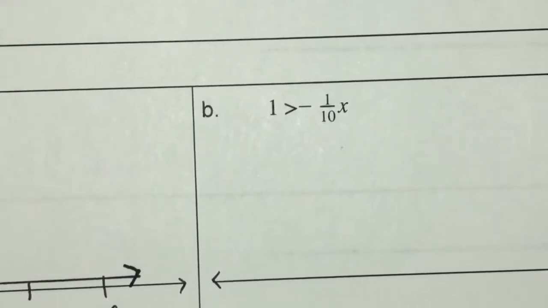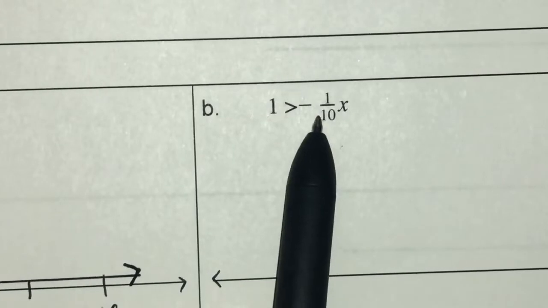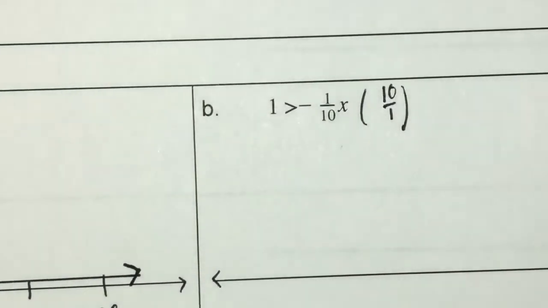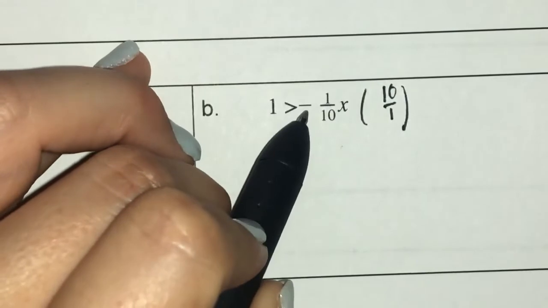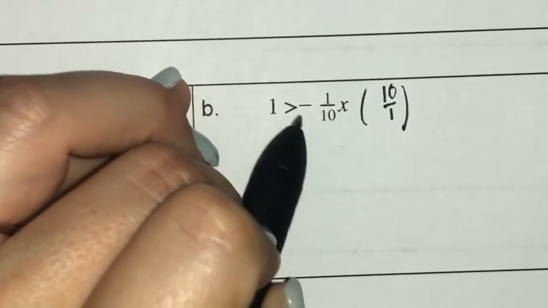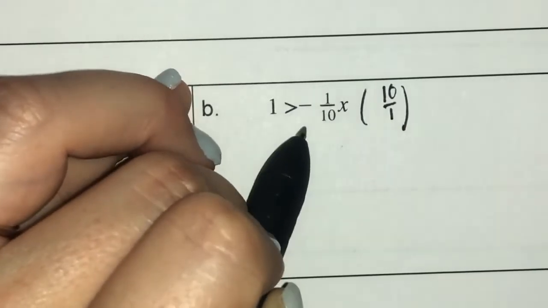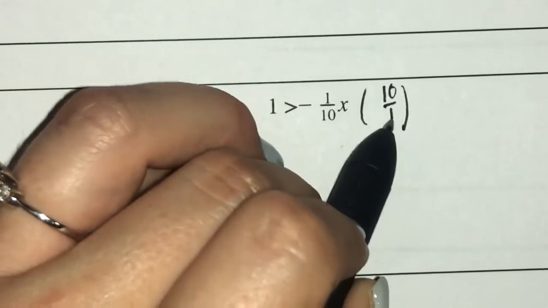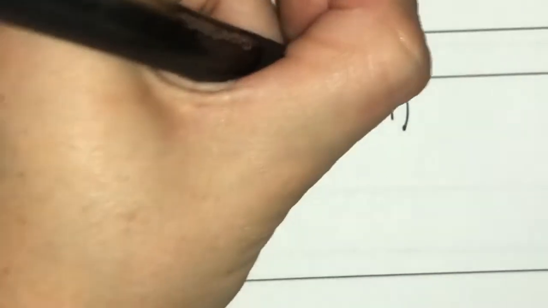But here's where it gets a little bit tricky, because we also want to figure out a way to cancel out that negative. So I'm going to multiply by the reciprocal, 10 over 1, but I need to multiply by negative 10 over 1 because I want this to become a positive x. Right now, if I just multiply this negative 1/10 by positive 10, I'll be left with a negative, because a negative times a positive is still a negative.